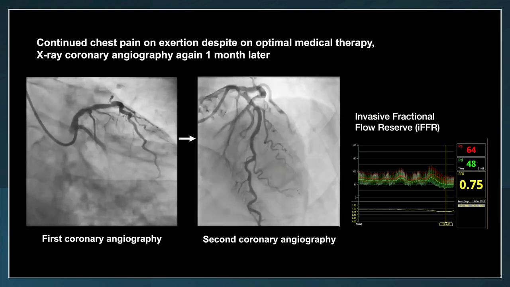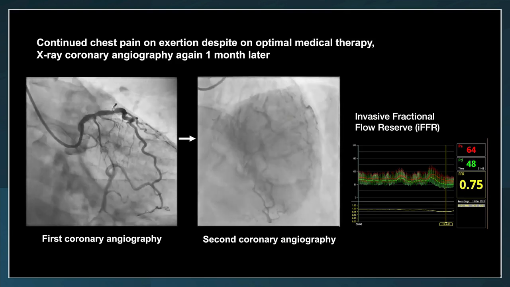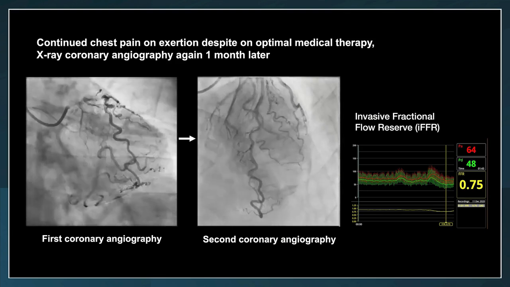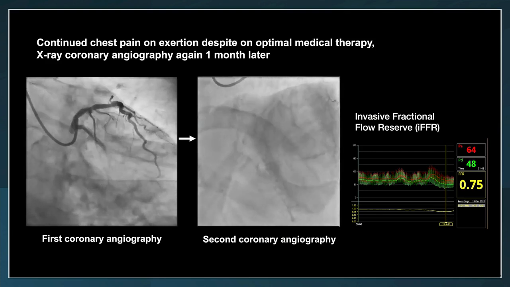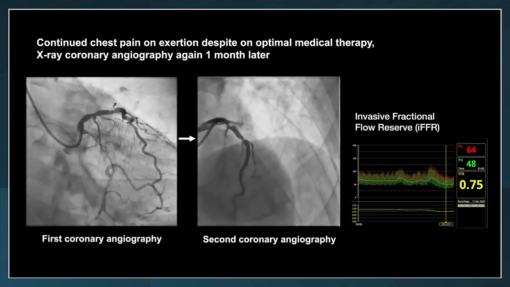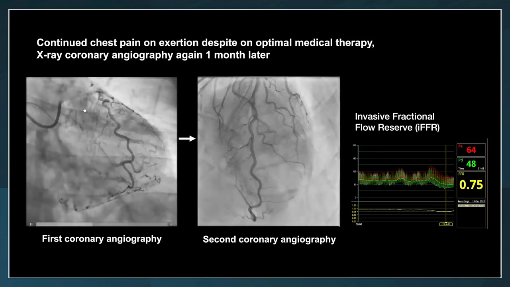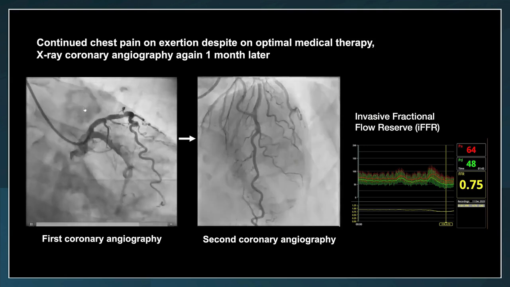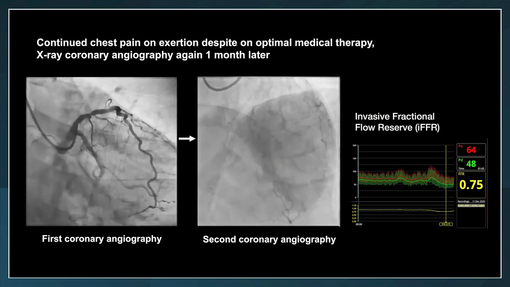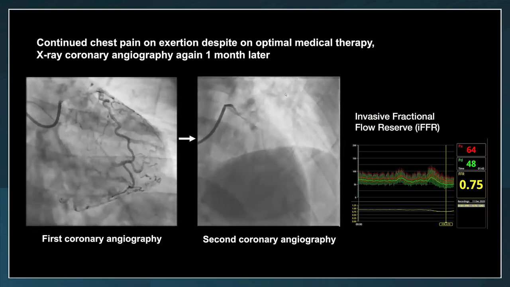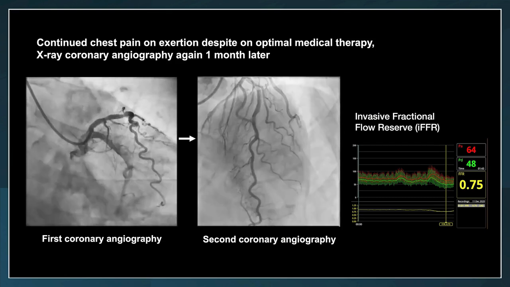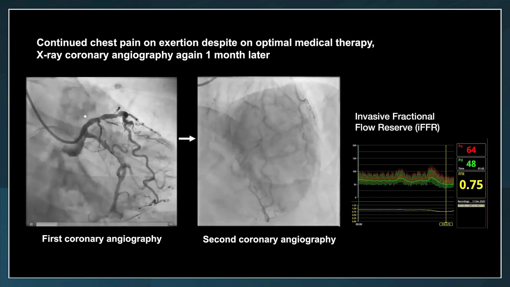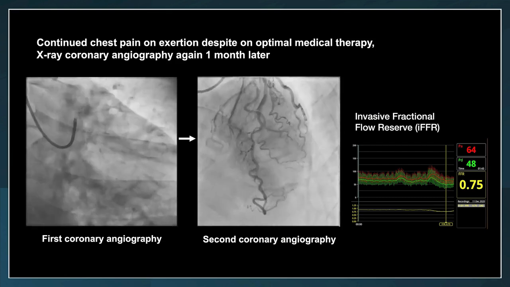But based on the MRI findings, we requested that he be sent back to the cath lab for another look at the LAD territory. This time they performed invasive fractional flow reserve imaging and quantified the physiologic significance of the LAD lesion.